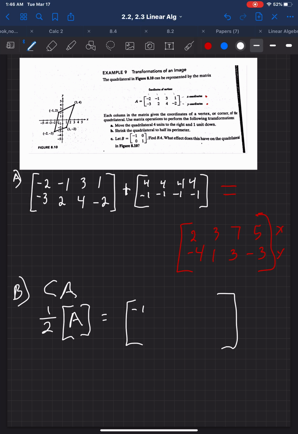So multiplying all of matrix A by 1/2, assuming that I can actually do arithmetic correctly, should give you the following. And if you were to replot these points, you would now have a quadrilateral with half the perimeter that it had before.